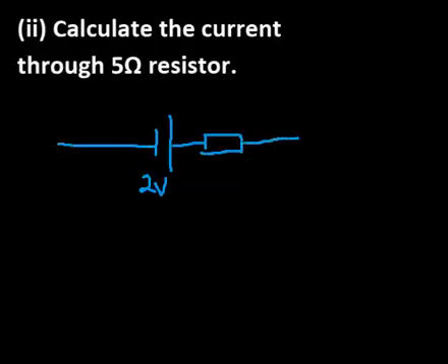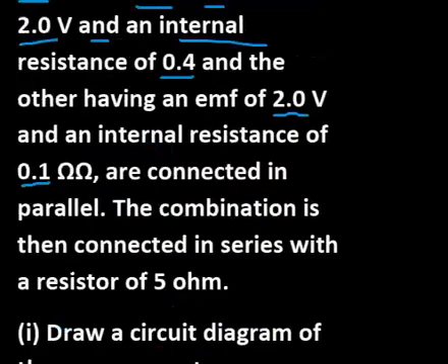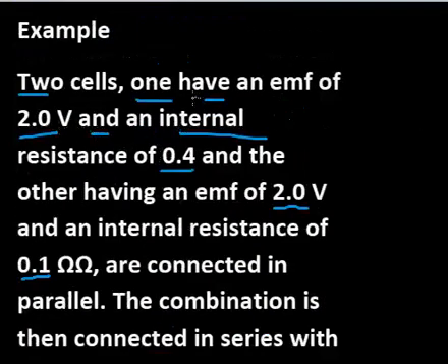And of course the internal resistance is connected in parallel with another cell, which is still 2 volts, still having internal resistance. The internal resistance is 0.4 and the other one is 0.1.